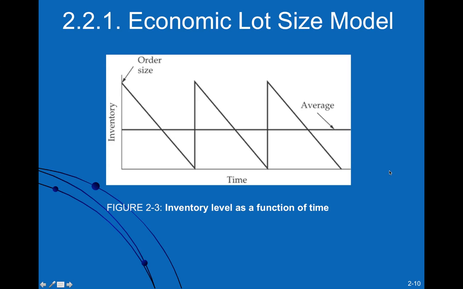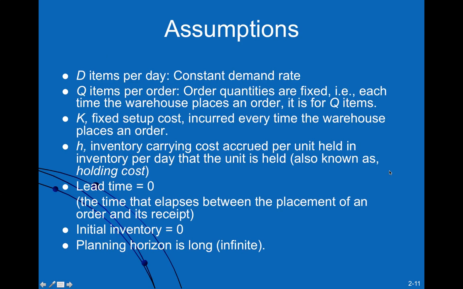It's a fairly straightforward model, and there's a way to compute that decision of how much to order. Here are the parameters for this model. We have an annual demand, or constant demand rate D. We place an order of size Q, and every time you place that order you incur a fixed cost, which we call a setup cost K. Then we have an inventory carrying cost, which we call H. That takes into consideration your opportunity cost, your obsolescence cost, your insurance, your taxes, and all those things.